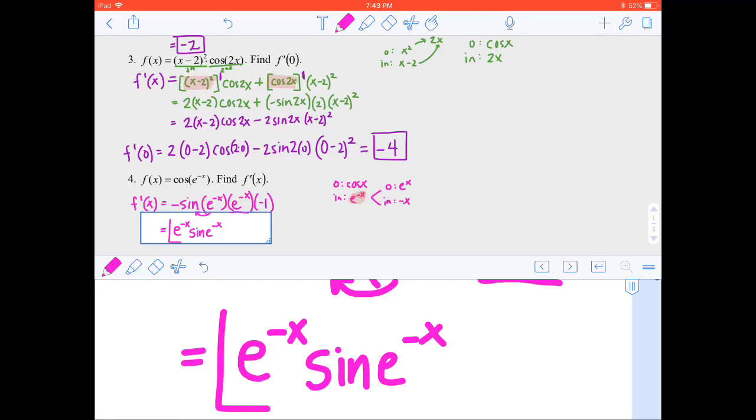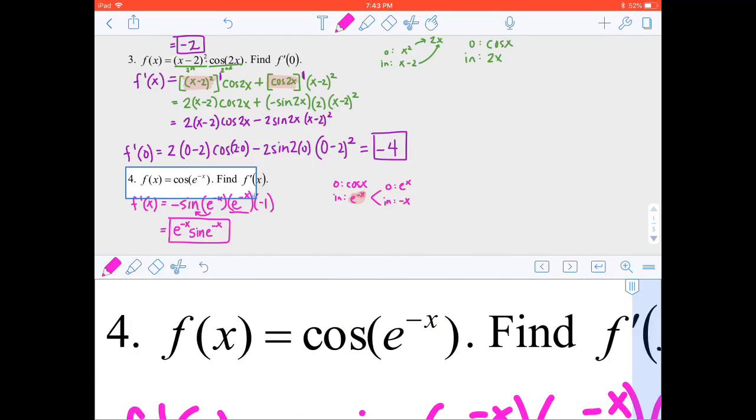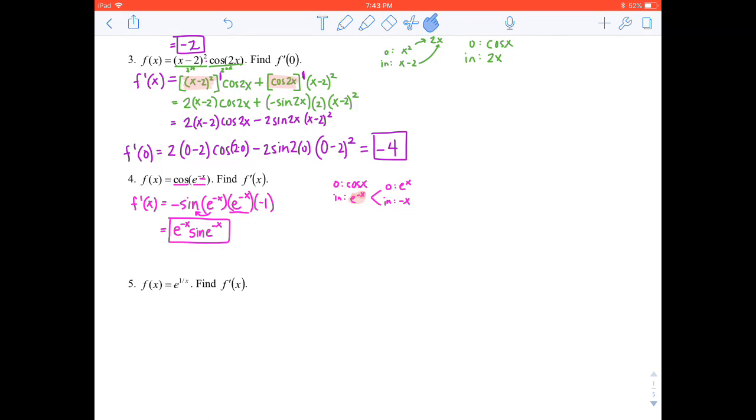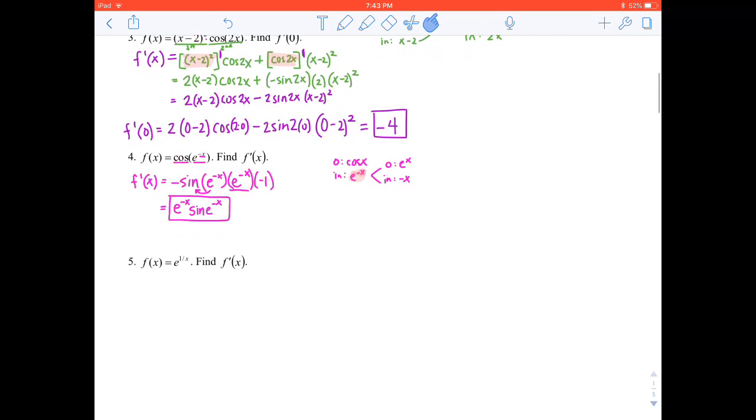And that's our derivative there. So this one was actually a double chain rule because we had outside function cosine, this was our inside function, and then negative x was plugged into that. Alright, so that is number 4.